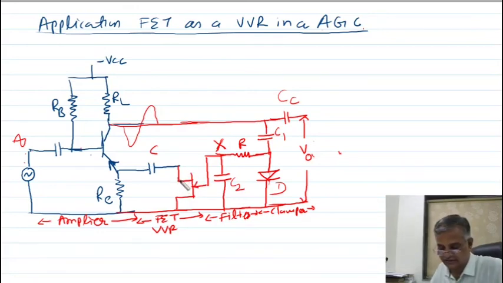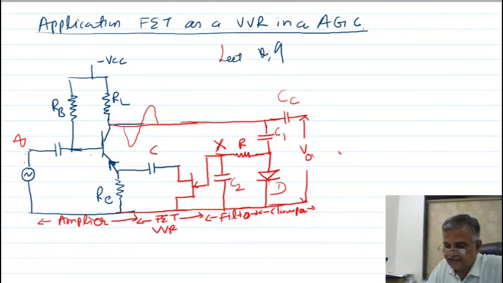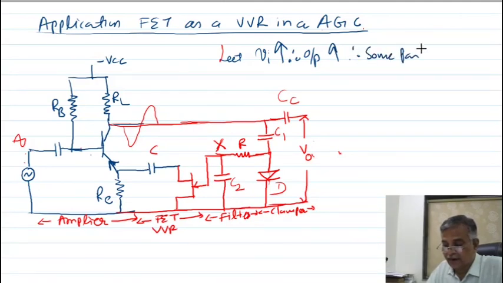I am starting the explanation. Suppose your input Vi increases. Therefore, the output increases. Some part of VO passes through C1 and also increases.